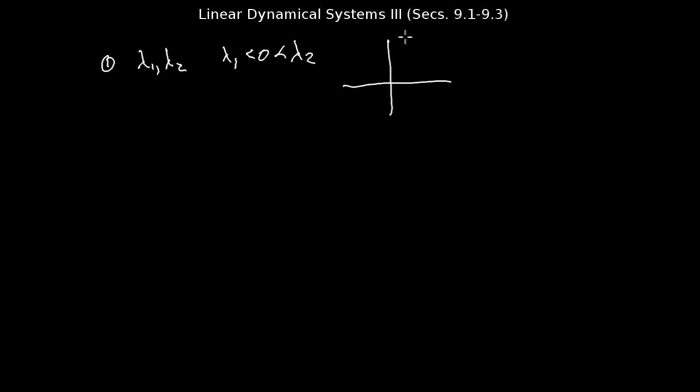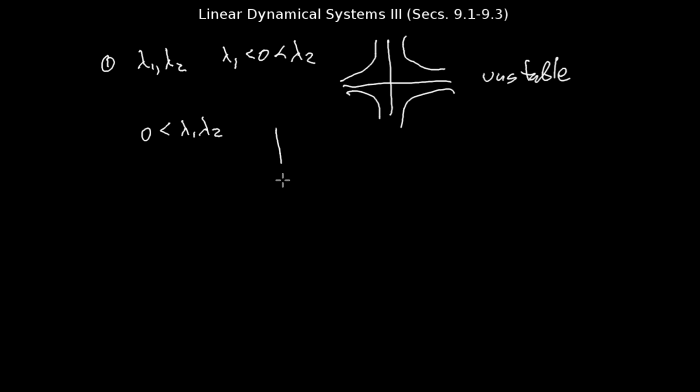We saw that the trajectories look like this, and that's definitely unstable. And another possibility is that they're both positive, in which case I did an example last time in class where the trajectories look like this. Here's a typical example. And the arrows are pointing out. So, again, it's unstable.